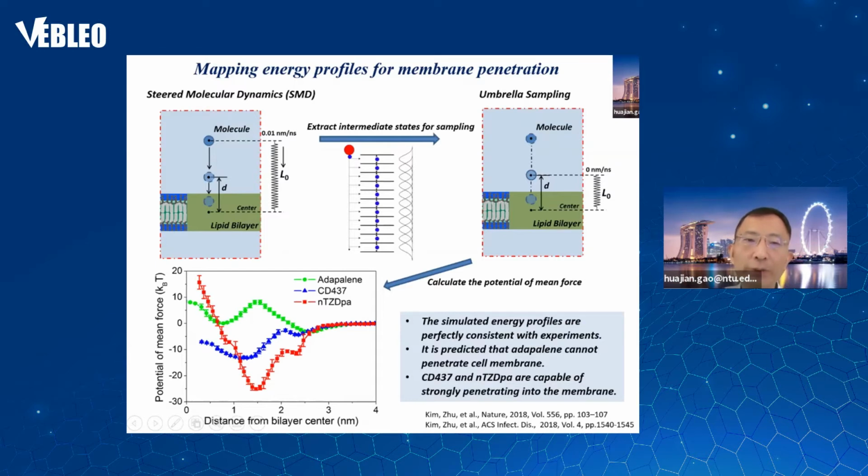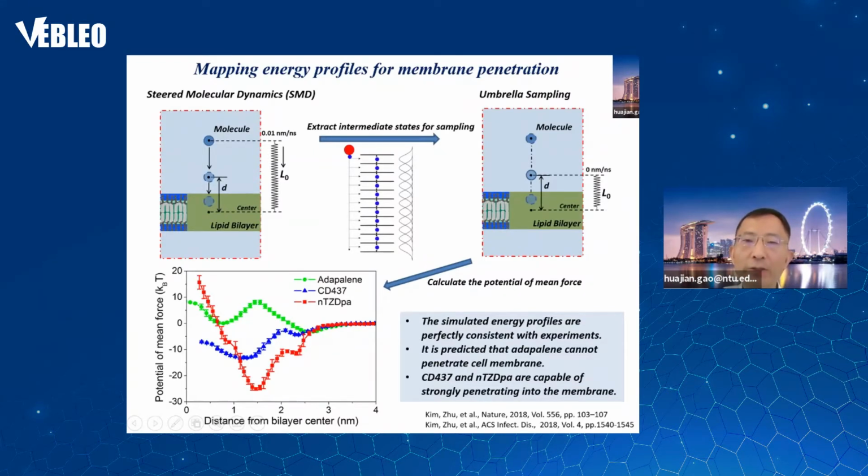So we obtain the potential of mean force as a function of distance from the bilayer center. The lipid bilayer is 2 nanometers thick from the center. You can think of this as the surface of the membrane, and we're bringing a molecule from outside the membrane to the interior. We encounter the surface somewhere here, then go into the interior of the membrane.